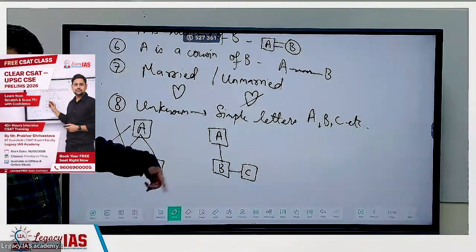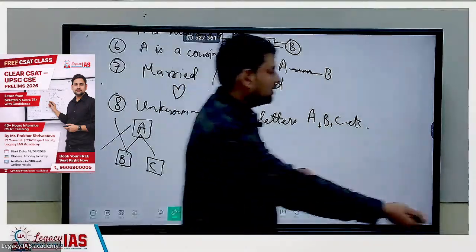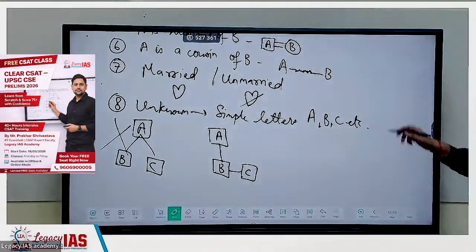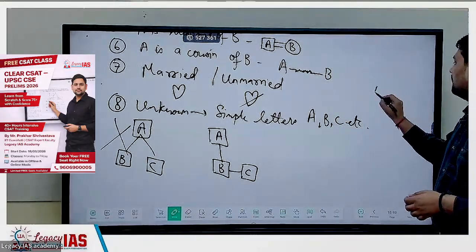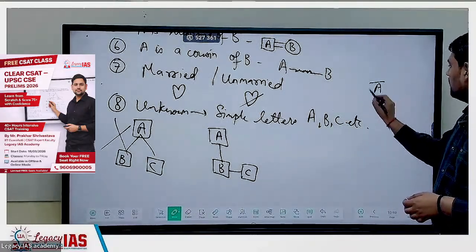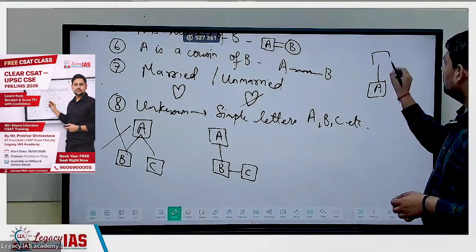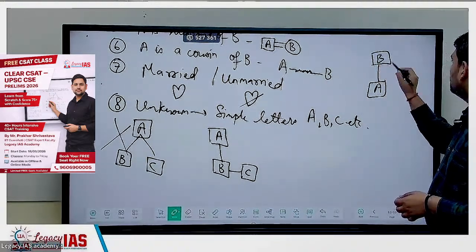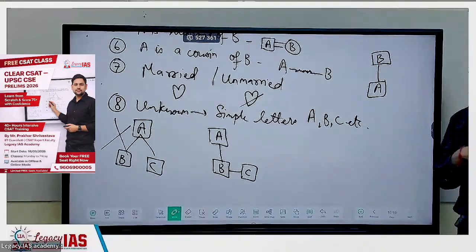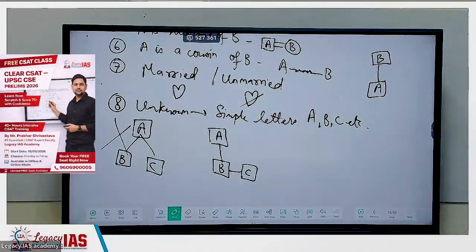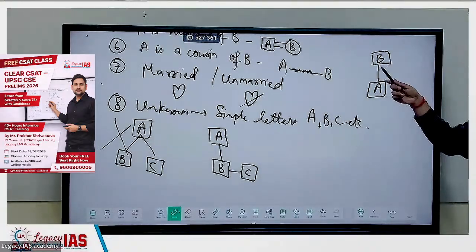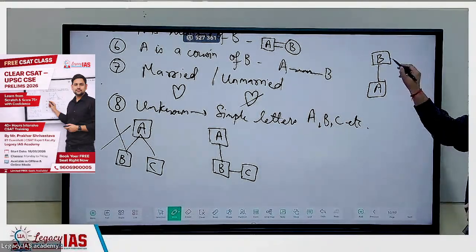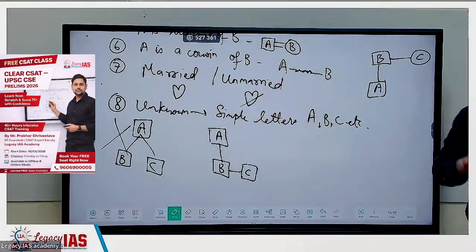And that is how we treat other relations also. Like if I want to draw C, who is aunt of A, I would draw A, father, then I would draw like this.